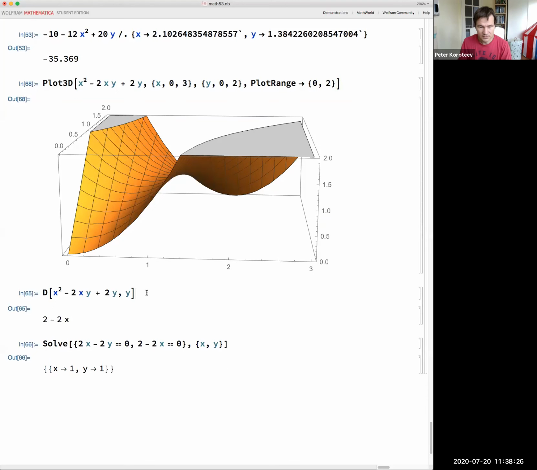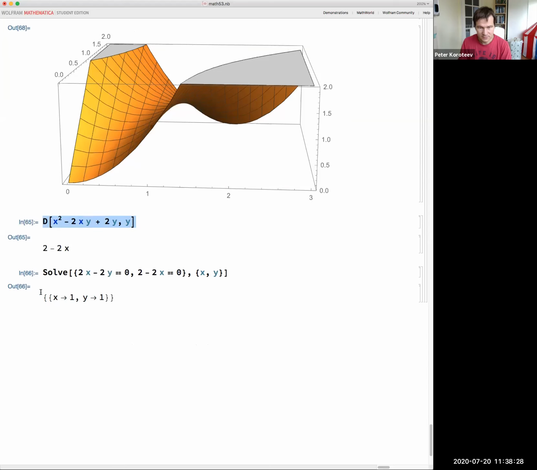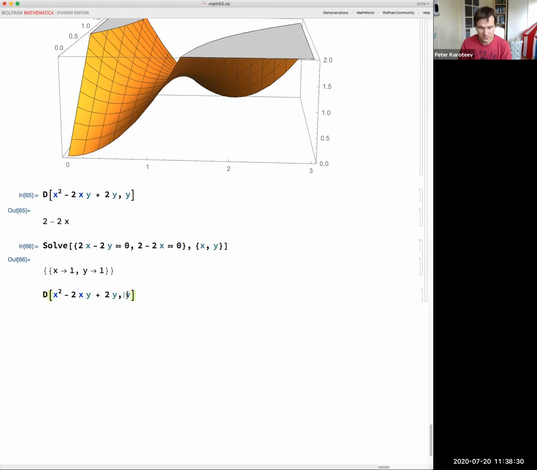Now we'll calculate the other derivatives. So we do fxx, get 2. We just need to calculate 3 of them, right? So xy and yy.